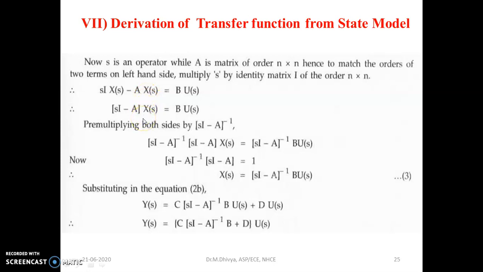Now the equation is rewritten as (sI minus A) into X of s is equal to B into U of s. Pre-multiplying both sides by (sI minus A) the whole inverse, we get (sI minus A) inverse into (sI minus A) into X of s is equal to (sI minus A) inverse into B into U of s.